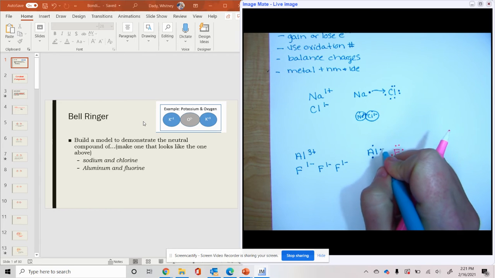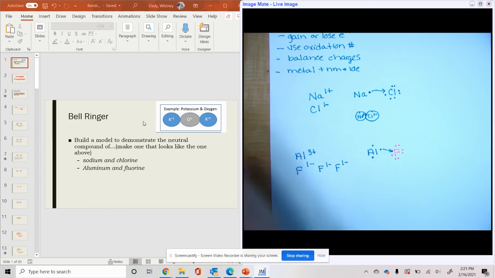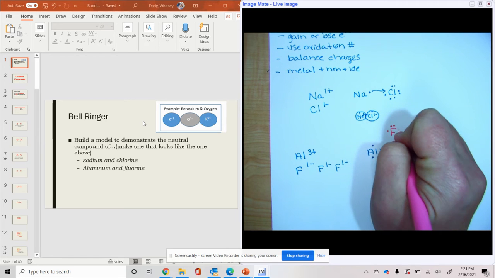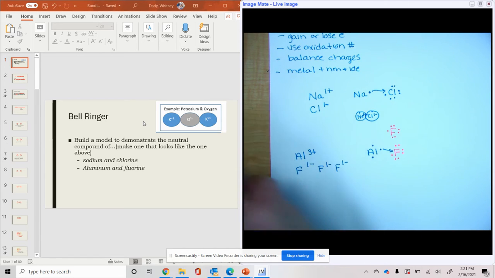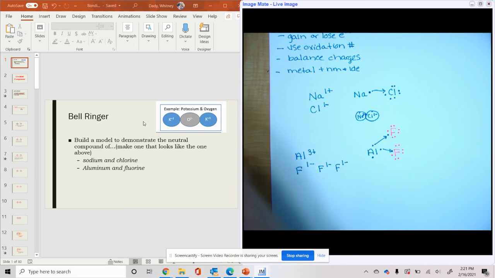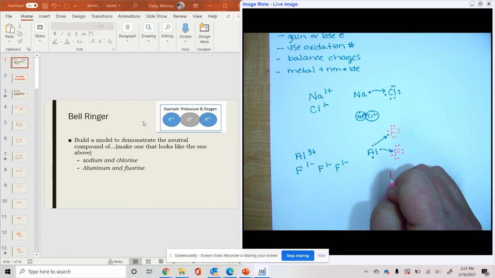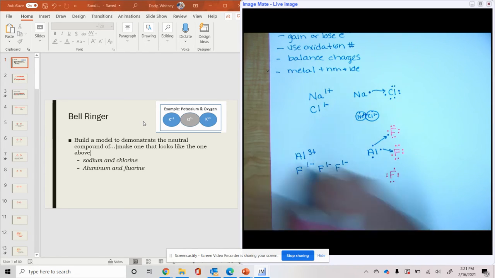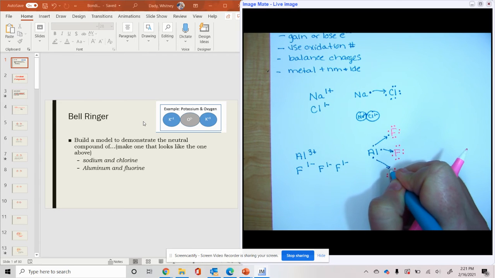So this one comes here. This one comes here. Remember, I'm making that full octet. And this one will come here.